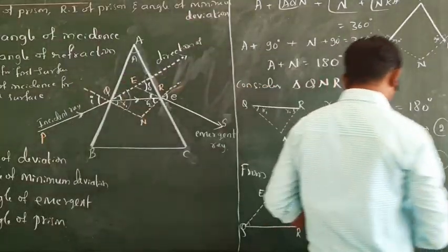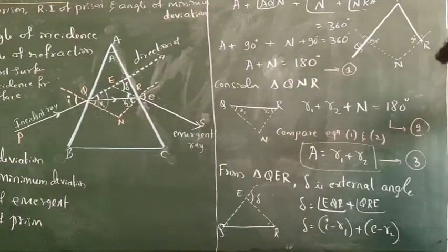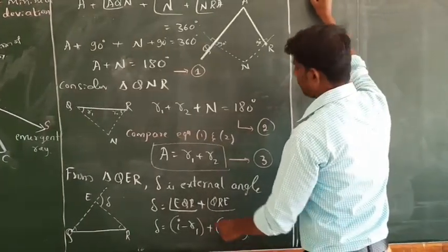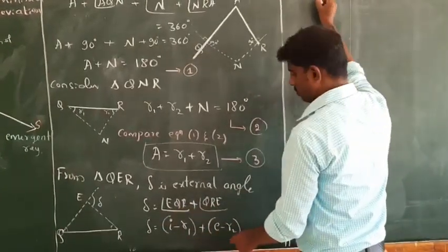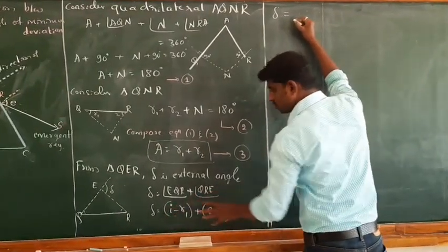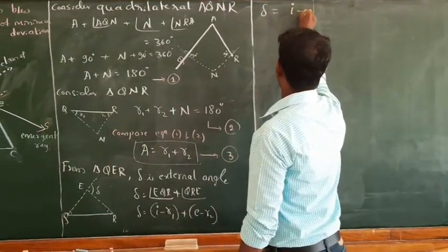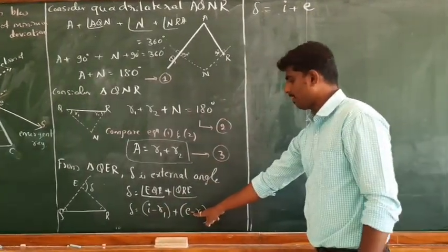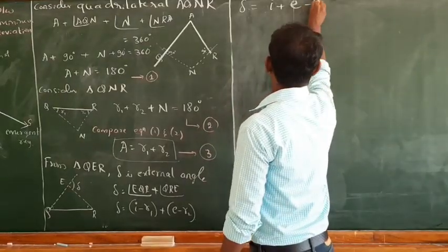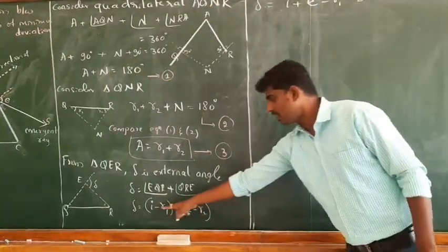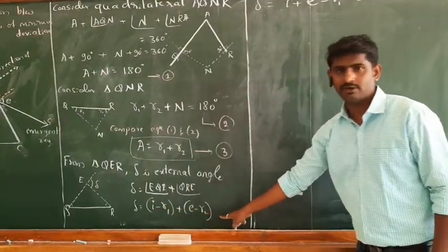Right, then simplification, next step. Delta as it is: delta equal to I minus R1 plus E minus R2. Take the positive terms to one side, I'll write I plus E, and next minus R1 minus R2. Okay, I plus E minus R1 minus R2.